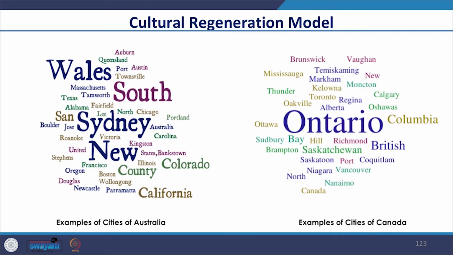We also see numerous cities in Australia, which include Bankstown in Sydney, Fairfield in Sydney, Kingston in Victoria, Newcastle in New South Wales, Parramatta in Sydney, Port Stephens in New South Wales, and so on.